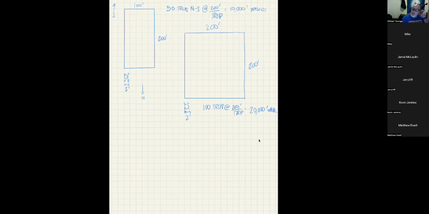So I think all of you would agree that the 100 foot by 200 foot lawn is less work than the 200 foot by 200 foot lawn. Would you agree? I'm going to assume that the answer is yes.